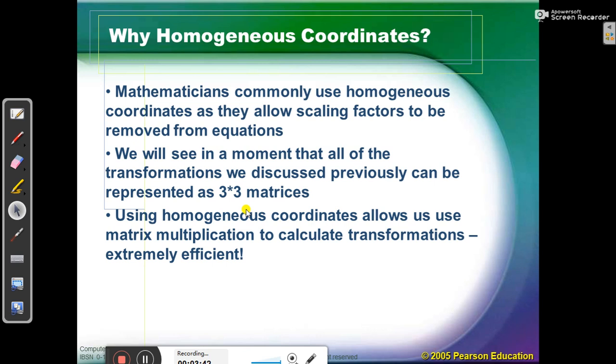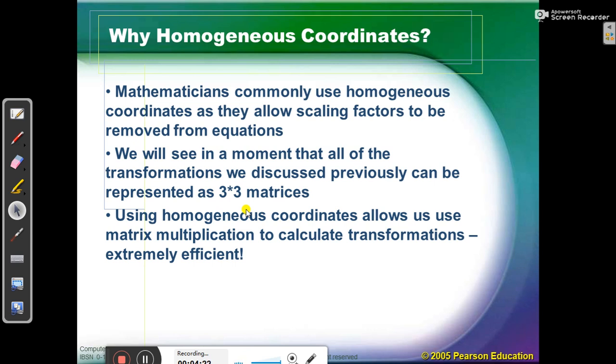In the previous video they were represented as 2D matrices. Here, using homogeneous coordinates, we can represent them in 3 by 3, and also remove the scaling factors from the equation.